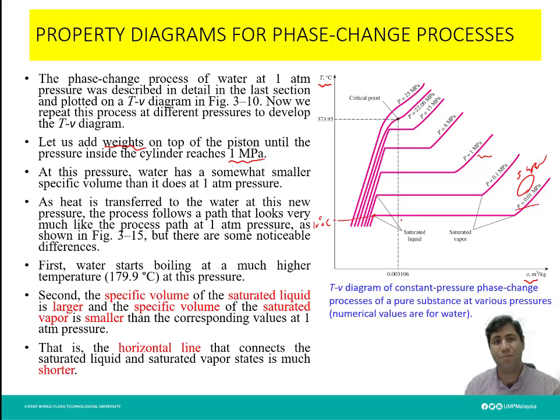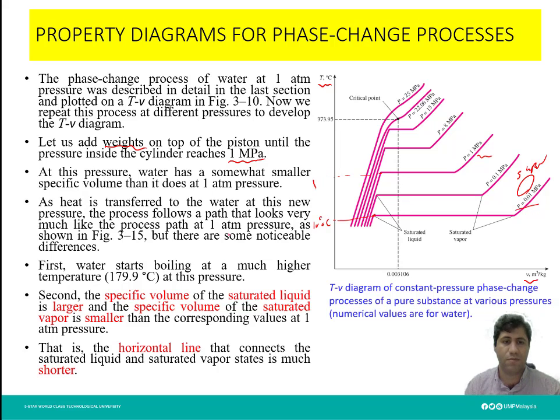But if we change the pressure, or the saturation pressure is changed, for example to 1 megapascal, then the saturation temperature, or the temperature at which the phase changing process starts from liquid to vapor, is also increased.